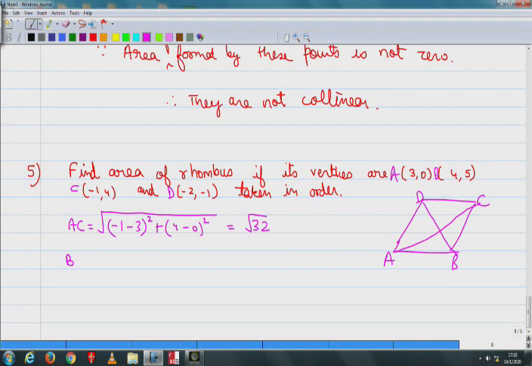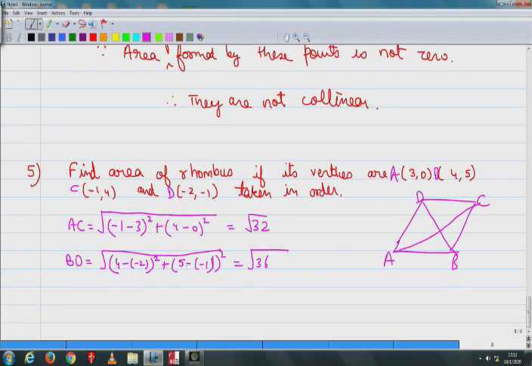Then BD. So BD would be 4 minus of -2 whole square, and this is 5 minus of -1 whole square. That would become 4 minus of -2, that will become 4 plus 2, which is 6 square, 36.